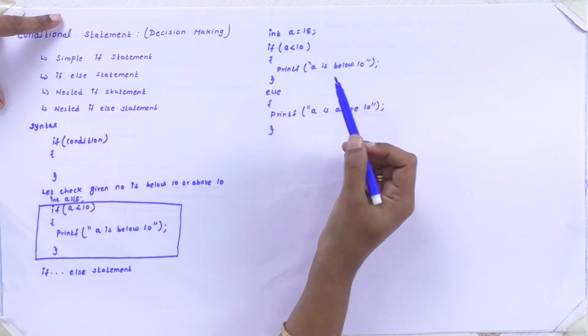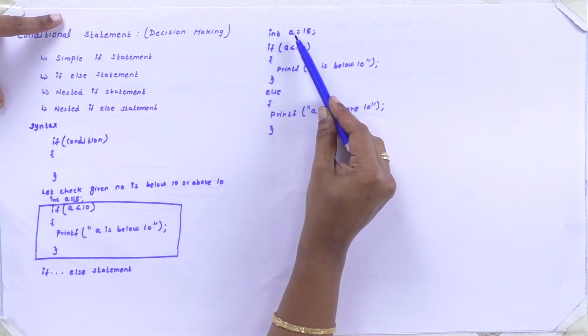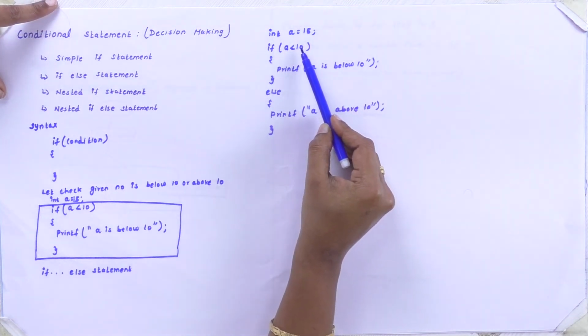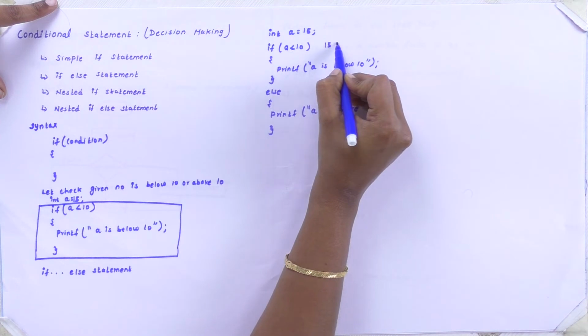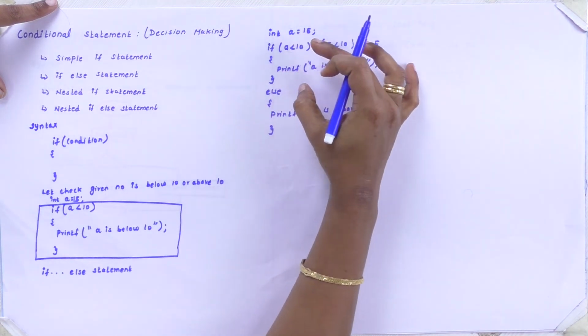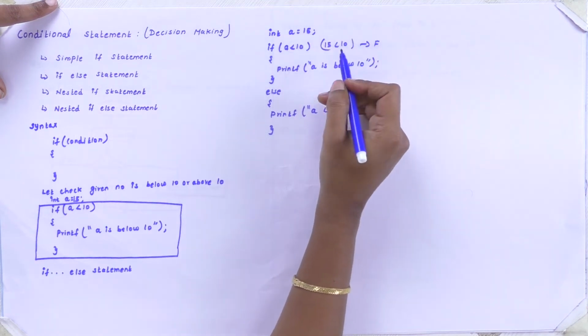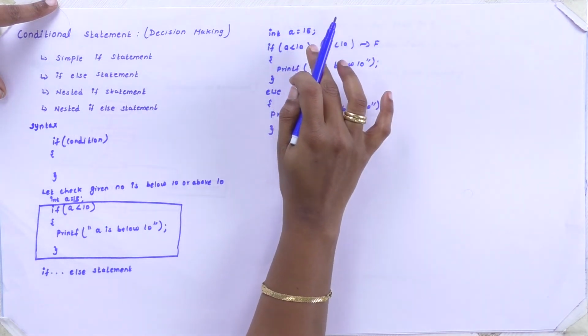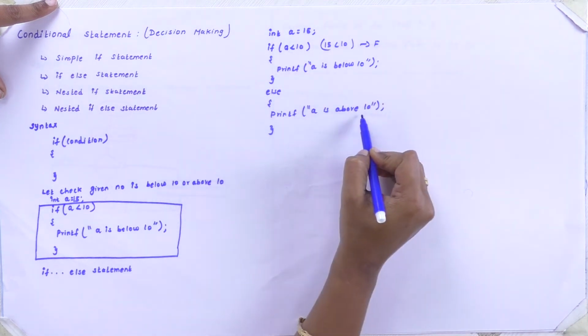So in this case my a value is 15. First it will check 15 less than 10. 15 less than 10 is false, so it does not execute the if statement. It will go to else. Only when the if condition is false, it will execute the else statement.